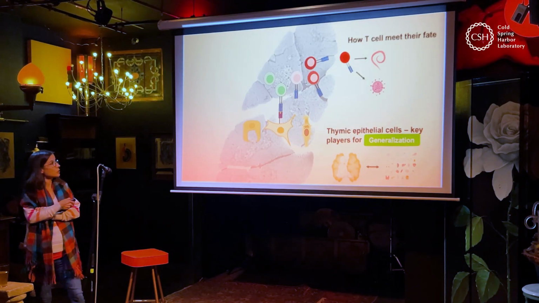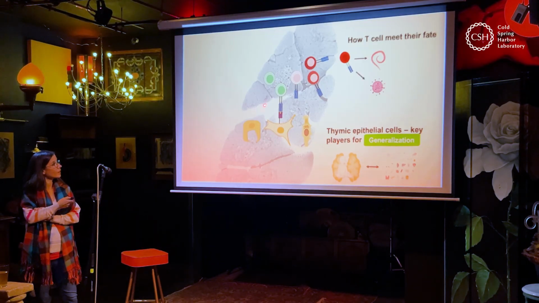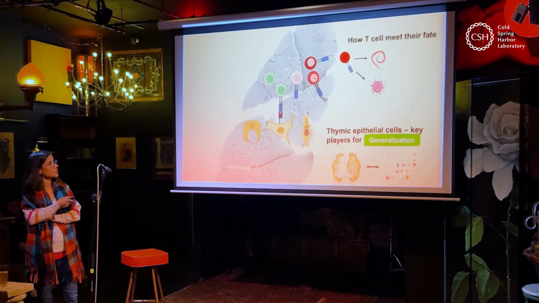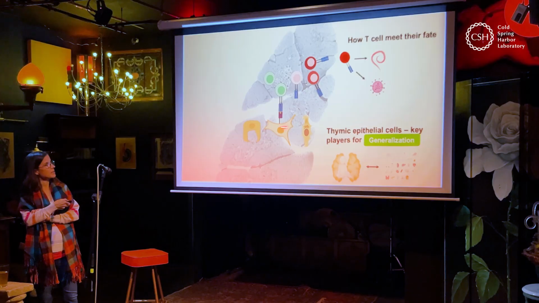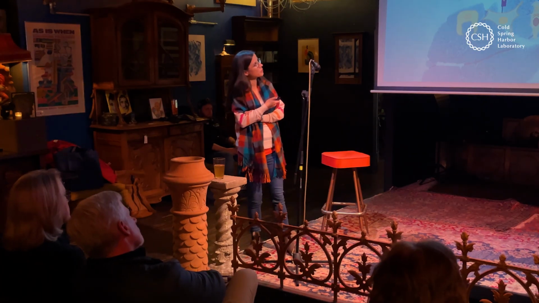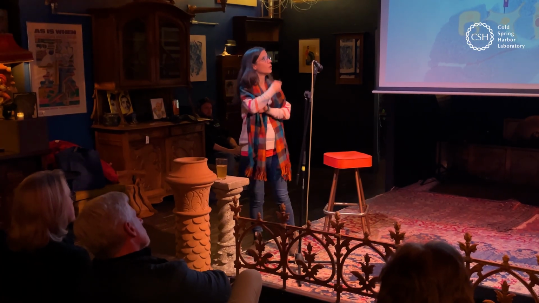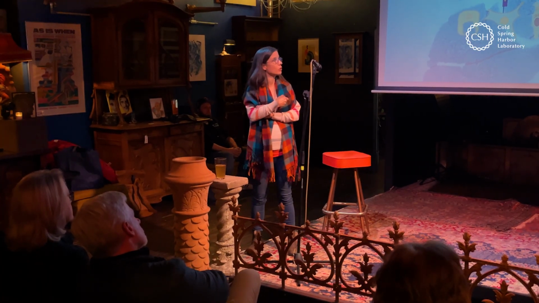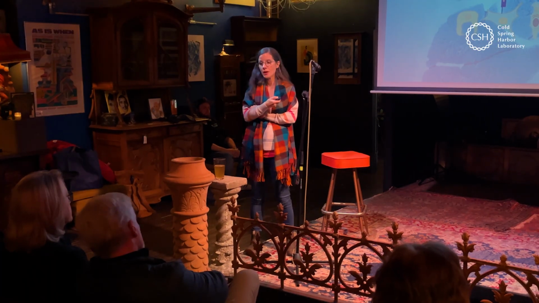Then we're also interested in how these T cells interact with these cells, and based on these interactions, make decisions on what type of T cell they want to become. If you remember my first slide, we were talking a little bit about the vast majority of invaders or pathogens that we have.